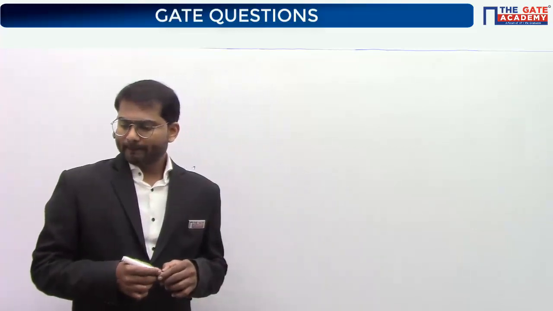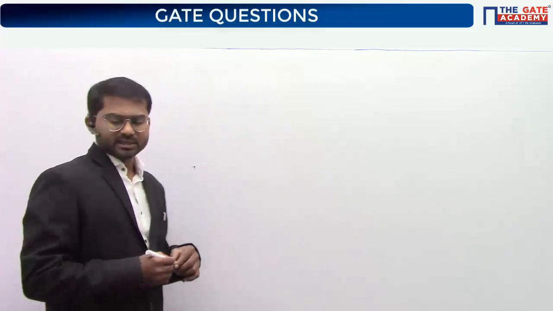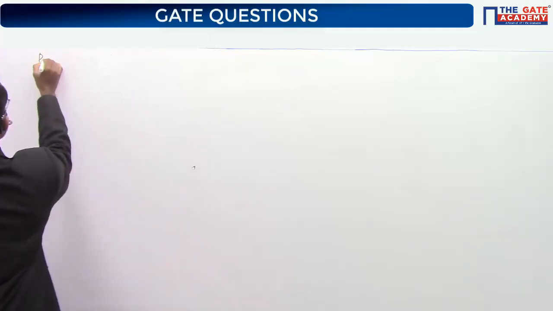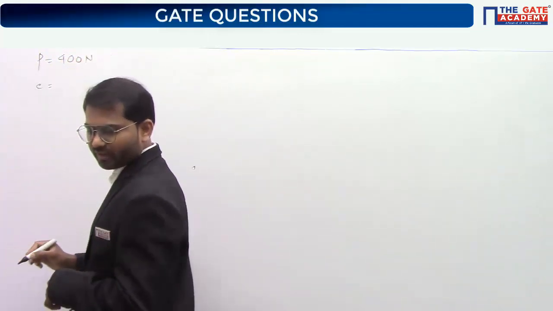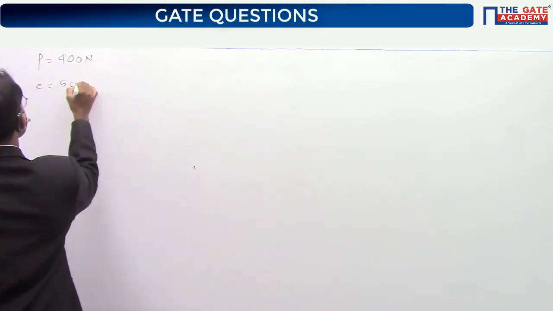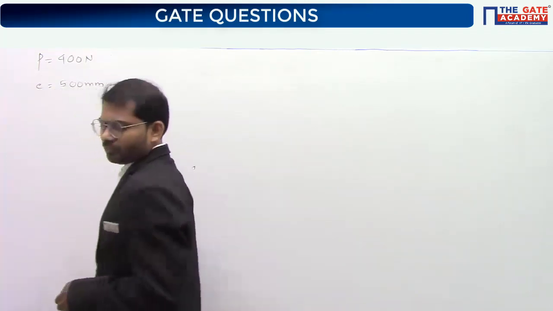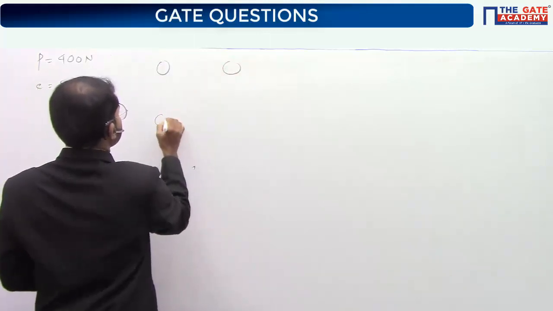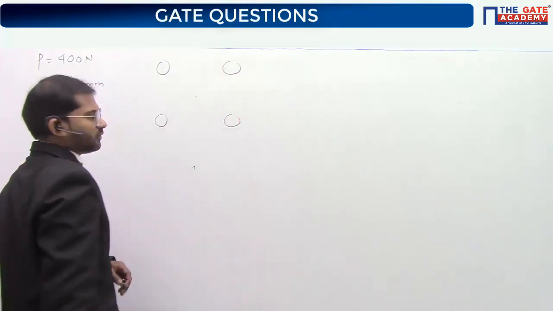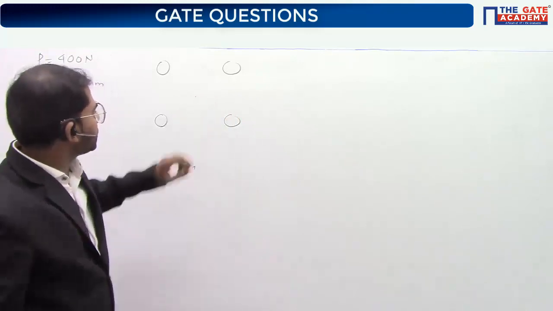Understand? So if you look into this particular arrangement of rivets, load P is given as 400 Newton, and the eccentricity distance is given as 500 millimeters. If you take the 4 rivets, they are like this. They are the 4 corners of a square. So this is the centroid.